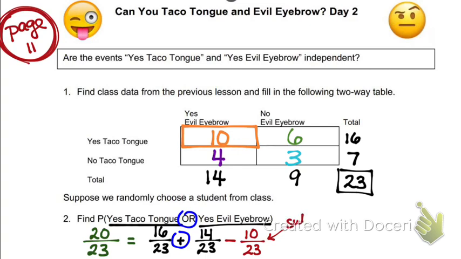We subtract the people that we double counted. This is called our intersection.